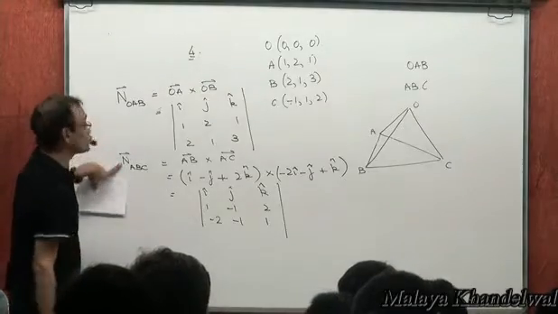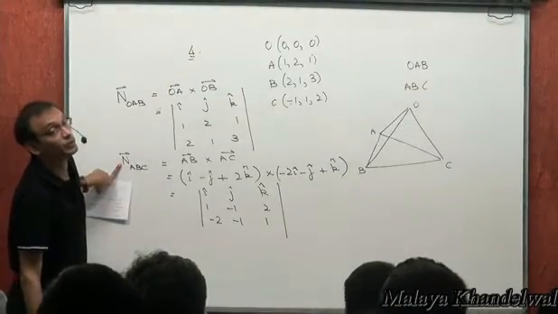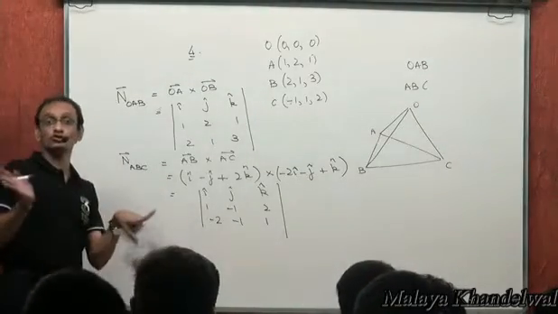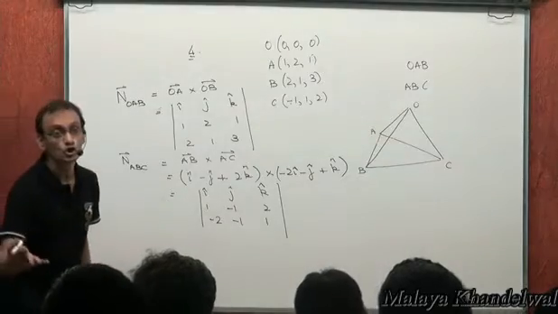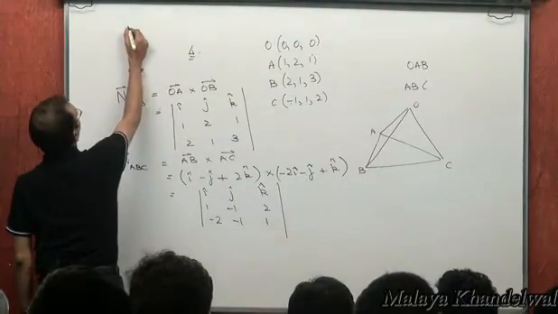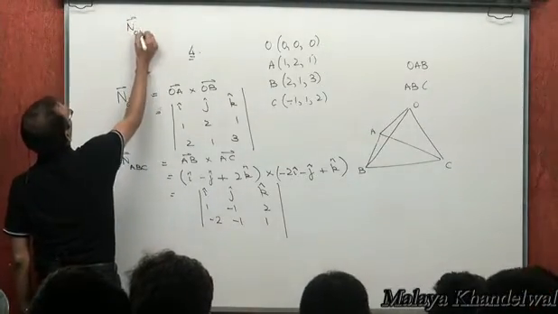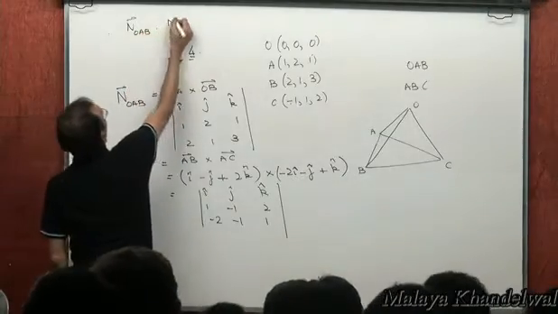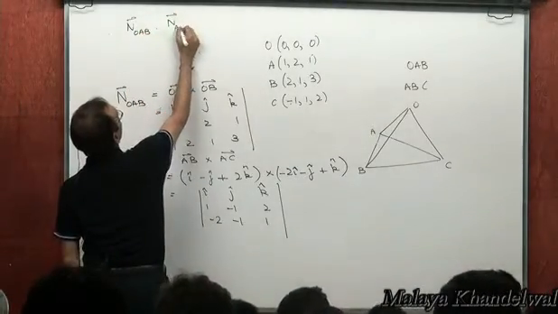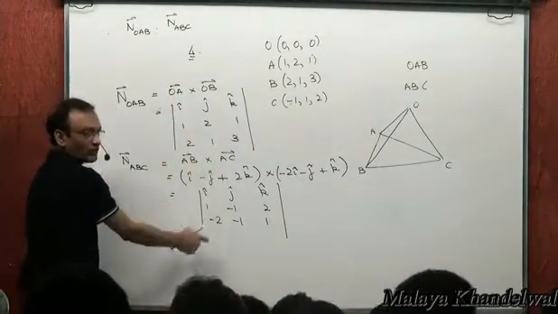The angle between these two normals will give you the angle between the two faces as well. Angle between the normals to the two faces will be the angle between the two faces. How do you find that? So N_OAB dot N_ABC, you can find this dot product.